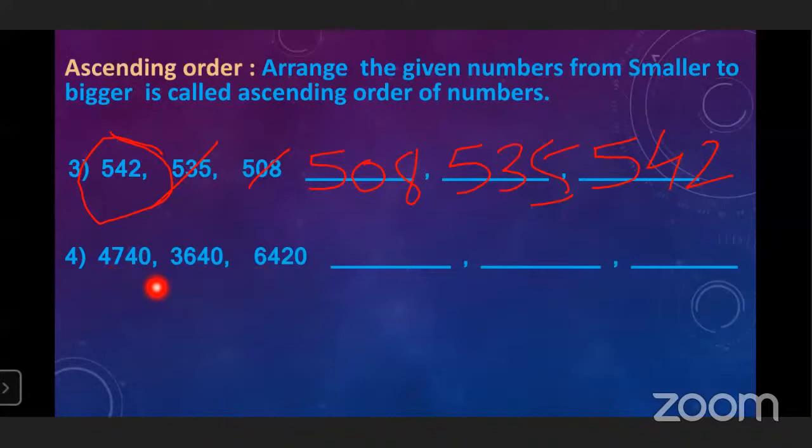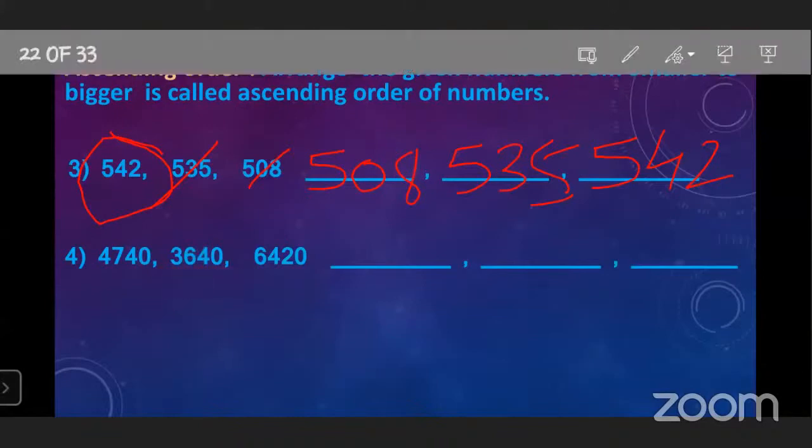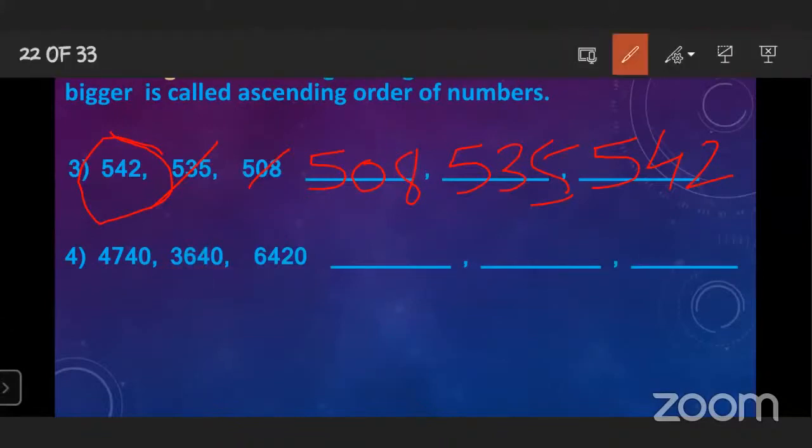From 4, 6, and 3, which number is smaller? 3 is smaller. That means this number is the smaller number. So we write first the smaller number, 3,640.